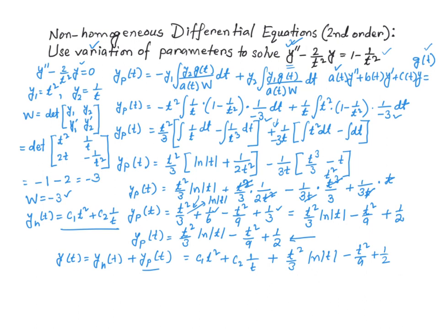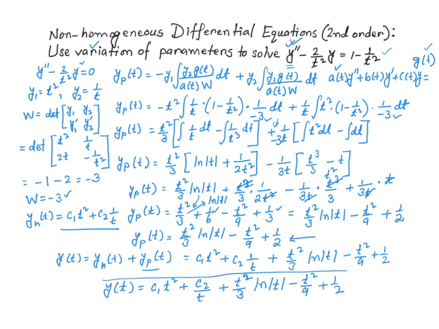So if I write it out finally, y of t, the general solution, is going to be c1 t squared plus c2 over t plus t squared over 3 times ln of absolute value of t minus t squared over 9 plus 1/2.